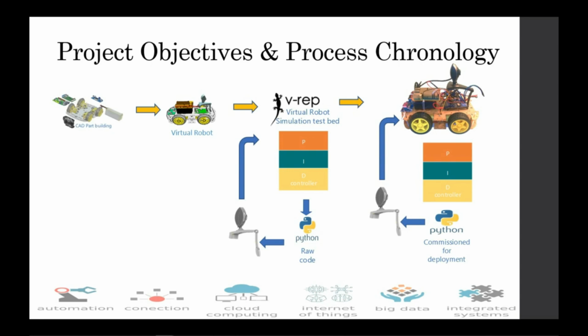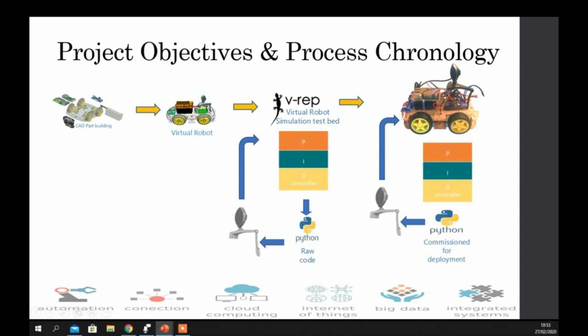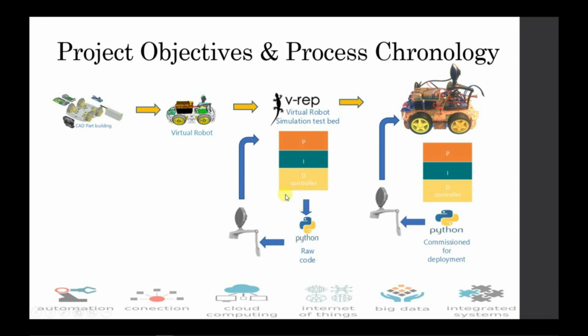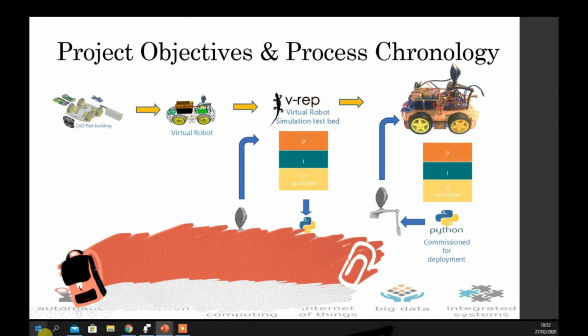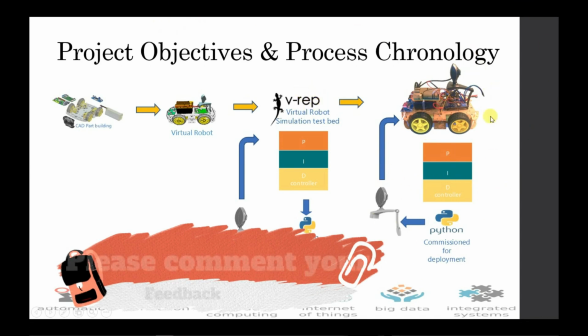When I had simulated my robot and all the bugs had been eliminated, I was confident enough that it would work in a real-life robot. I transferred the code, with a little customization, to the physical robot, with the same code and the same webcam, but a physical one, giving a similar kind of feedback system compared to the virtual machine.